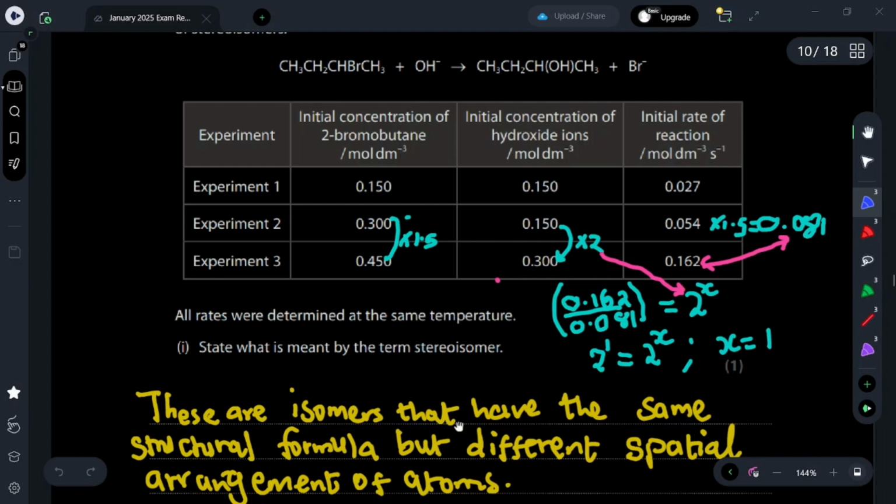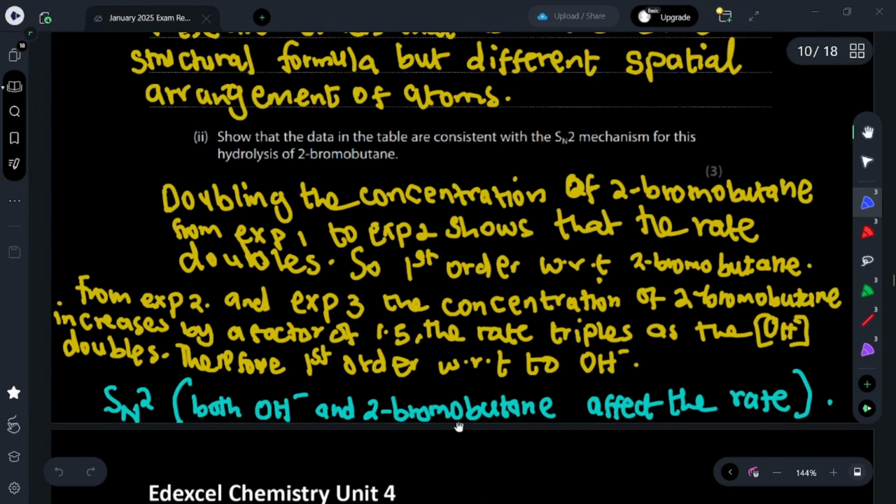So first order with respect to 2-bromobutane, and for experiments 2 and 3, the concentration of 2-bromobutane increases by a factor of 1.5 and the rate triples as the hydroxide ion doubles. Therefore, first order with respect to hydroxide ions.